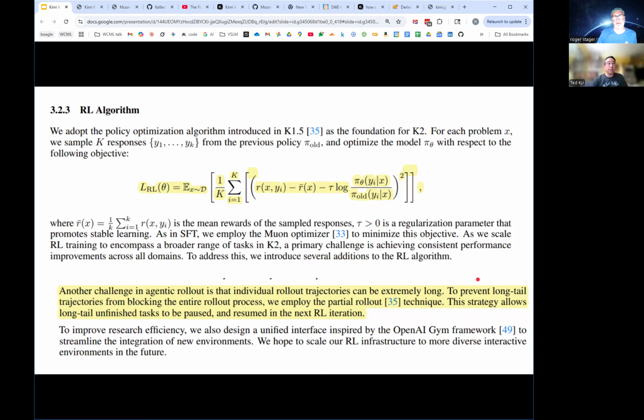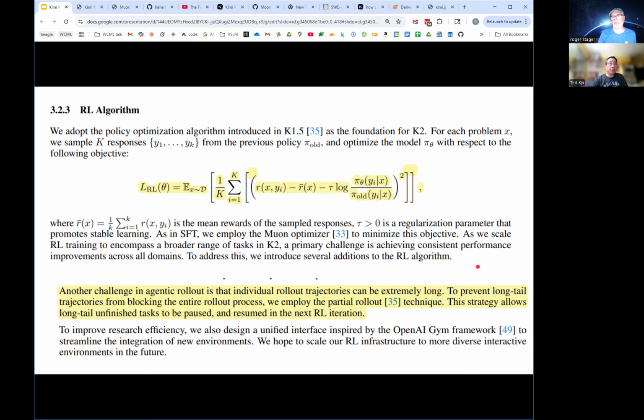I was just going to say, this is a KL penalty, but if you read the K1.5 paper, I haven't fully wrapped my head around it. In other papers you see the baseline is the policy from before they started RL training.